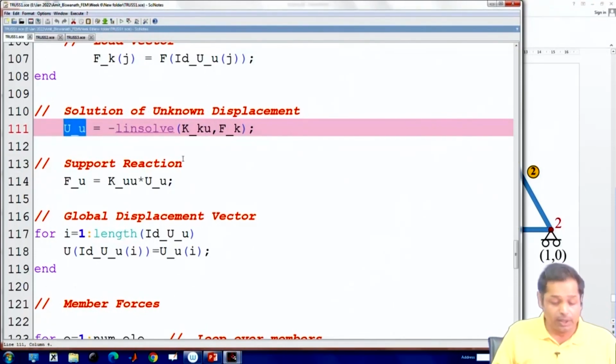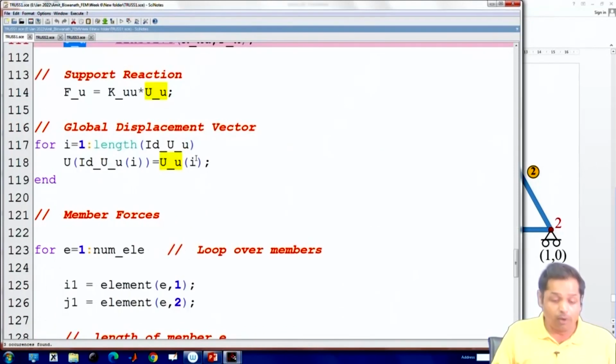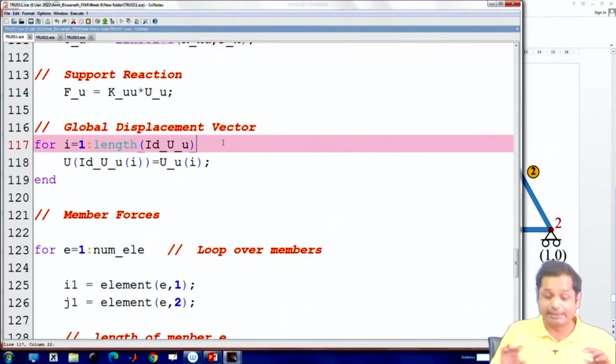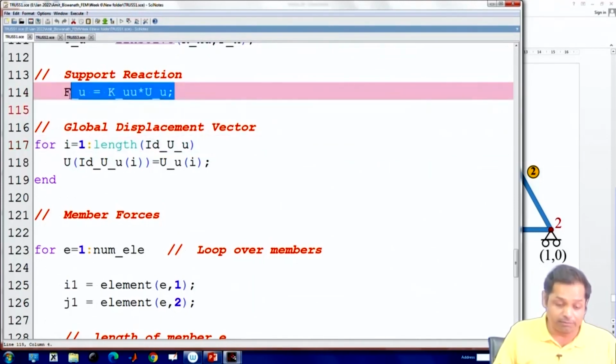Now this gives you the unknown displacement. Then the second equation is used to calculate the unknown forces, with the displacement we have just computed given, and this gives you the unknown force.